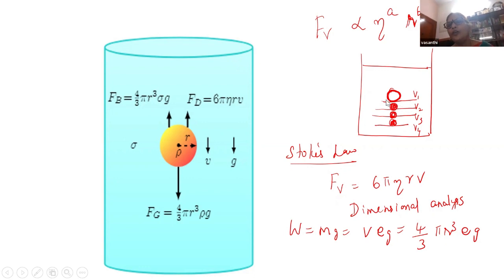Upward velocity will be low, lower velocity will be high. Am I correct? So now this ball is in contact with different layers which are under different velocity. So what happens? It experiences resistance to the fall. It is not allowed to fall with g.